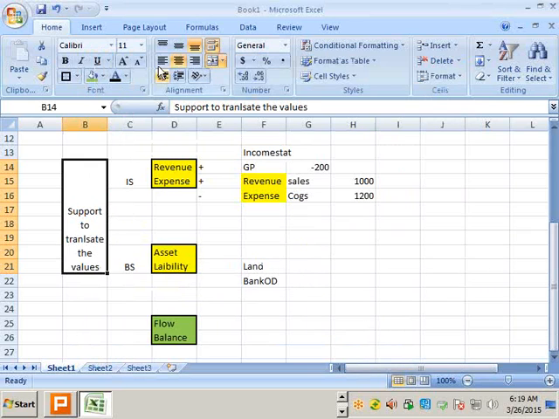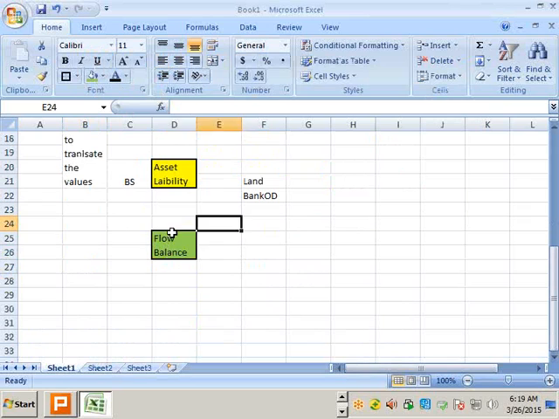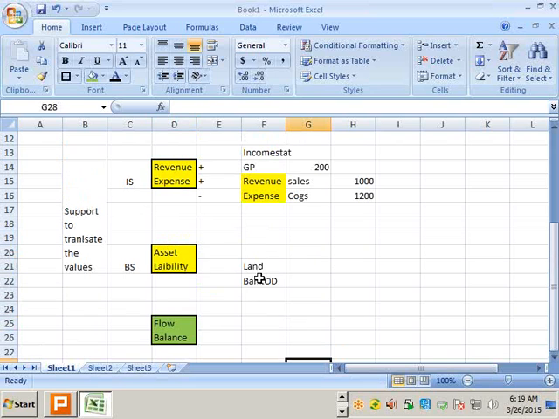Whereas flow and balance account types are not supported to translate the values from one currency to another currency. So whenever you are tagging the values as revenue, expense, asset or liability, those accounts only support translating the values. Accounts assigned as flow and balance account types don't support translating the values.